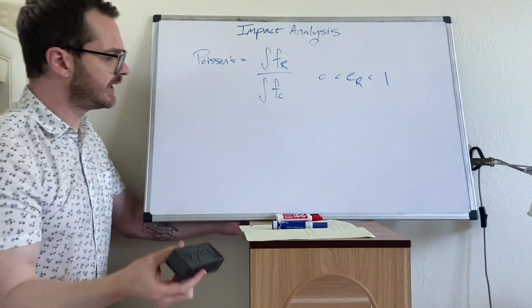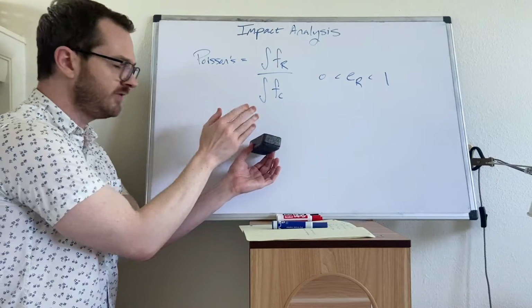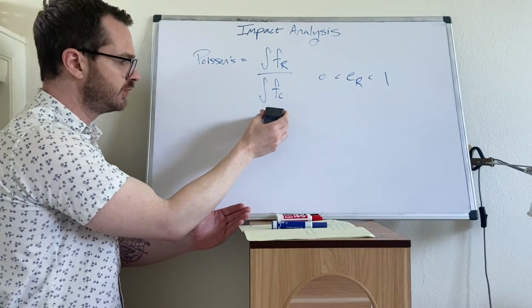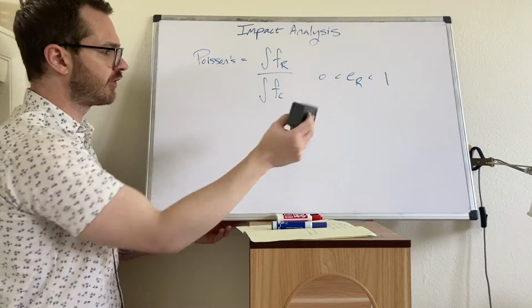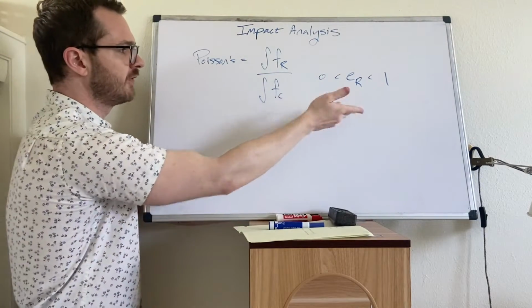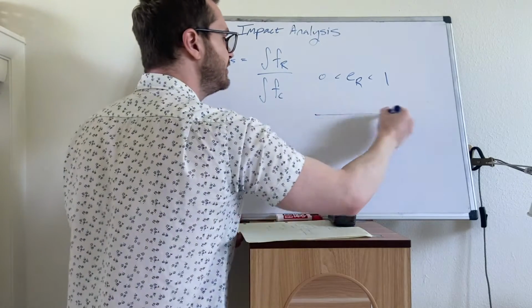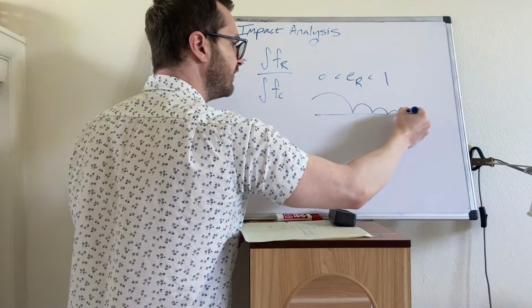Your object struck the surface and it compressed, and then it didn't push back. It had no restitution, which means it just dropped. You strike the surface and then you effectively stick to the surface. You don't bounce back.